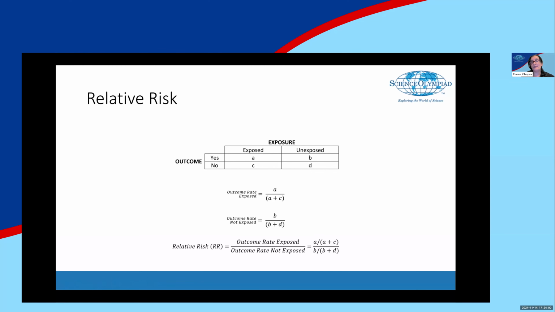The disease has already happened, and now you're going backwards in time. Whereas in relative risk, you can just look at a cohort of patients, a group of individuals, and look at their outcomes. It's a cohort, so you're not comparing the cases to the patients who don't have disease.